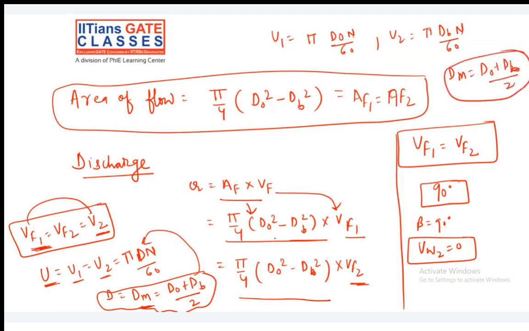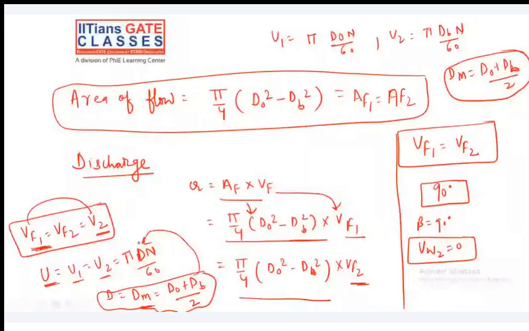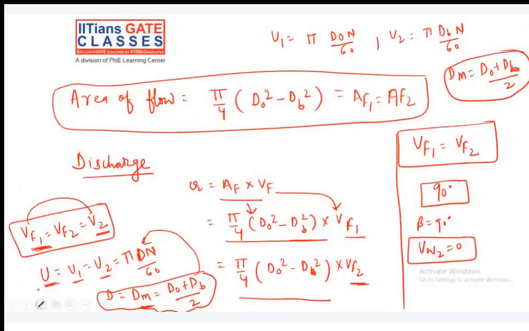So every calculation we will be doing here is nothing but as per the Francis turbine. Calculations are as per the Francis turbine only. The only thing we are going to change here is the u value.